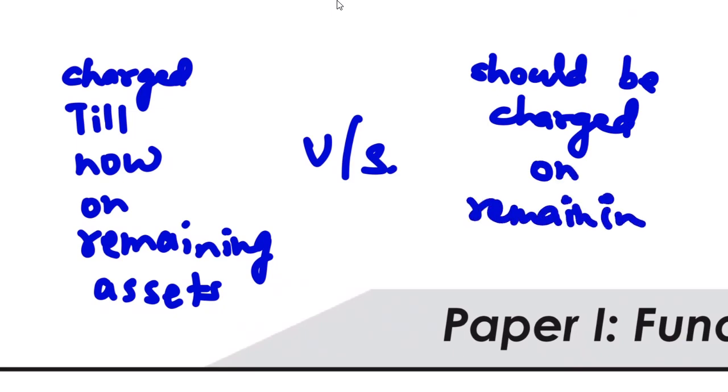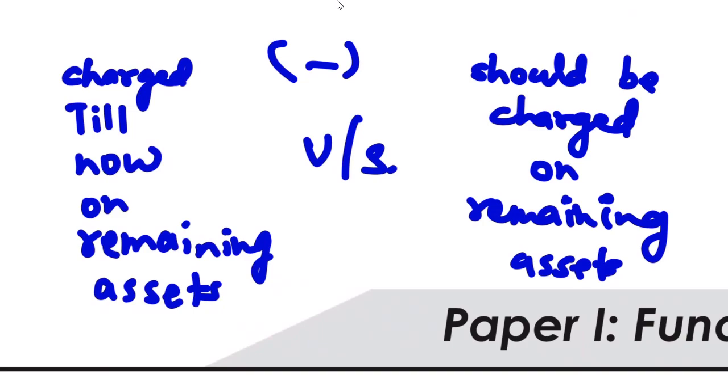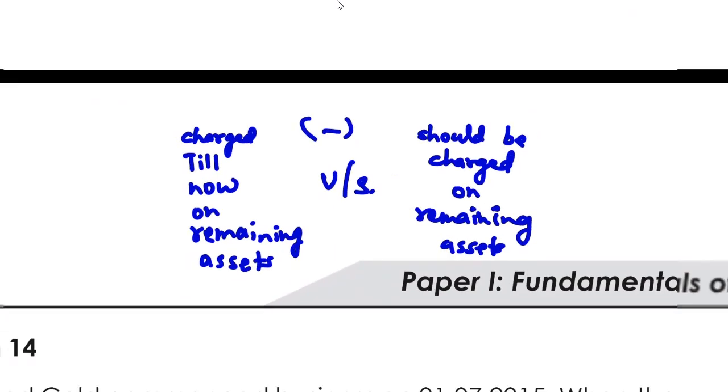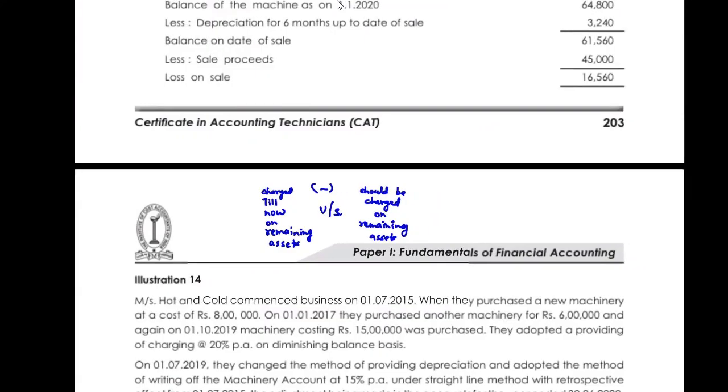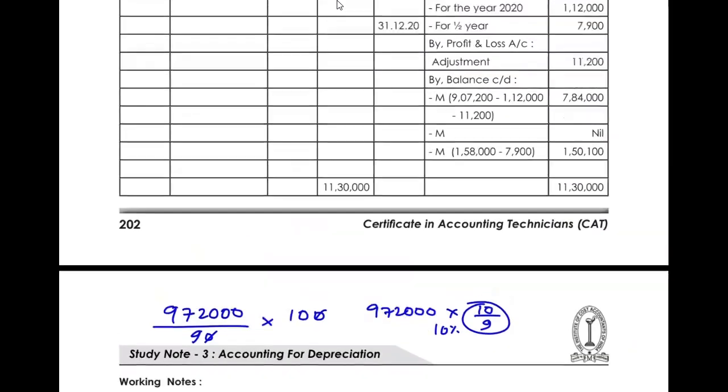So whatever is charged and whatever should be charged, the difference between that will go to the P&L account as a profit or loss due to retrospective change in your method.